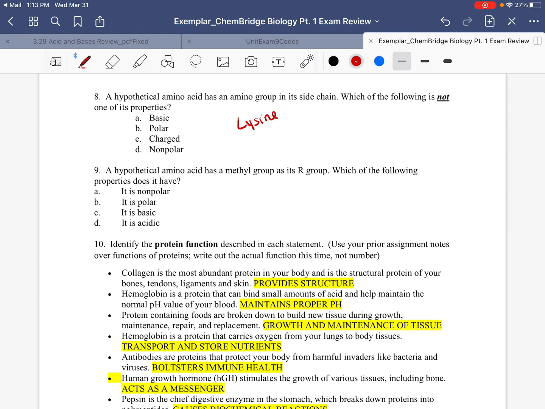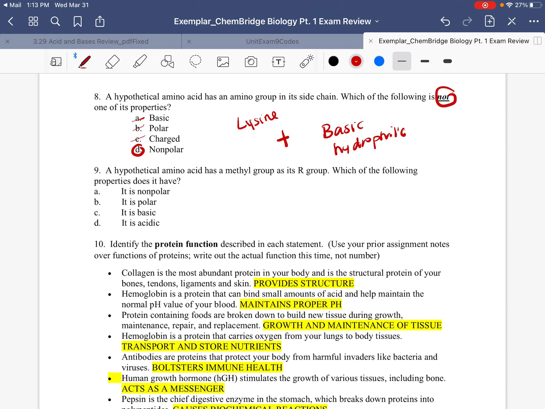And the properties of lysine are it has a positive charge, it is basic, and hydrophilic. So it loves water. So if it is hydrophilic, which is not a property, it would not be nonpolar. It has to be polar because remember, polar is what mixes with water. So because it is water loving, it has to be polar. We already know that it's charged and that it is a basic.